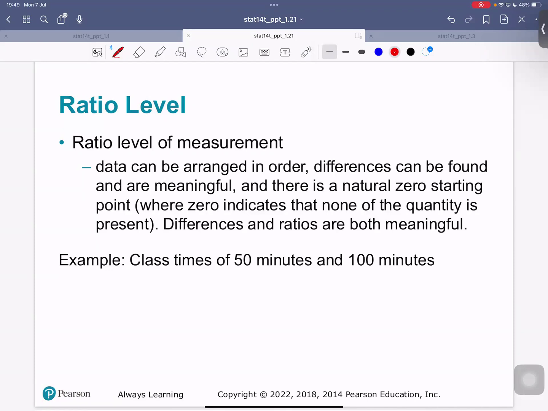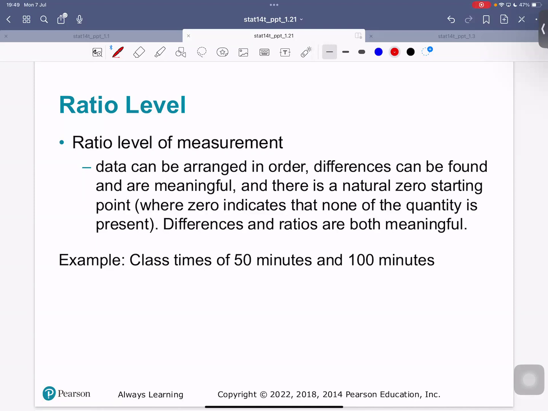We can arrange them, 50 minutes and then 100 minutes, right? Then we can find the difference between them, which is 50 minutes. And we can find the ratio, which is 5/10 or 1/2 in this case. And it's meaningful because when you compare class time A and class time B, we know which class has the longer meeting time and which one has the shorter meeting time.